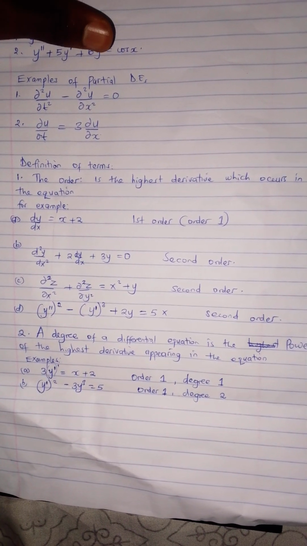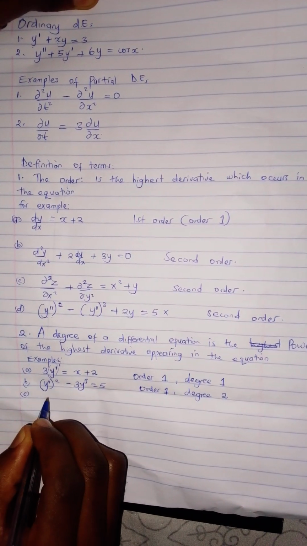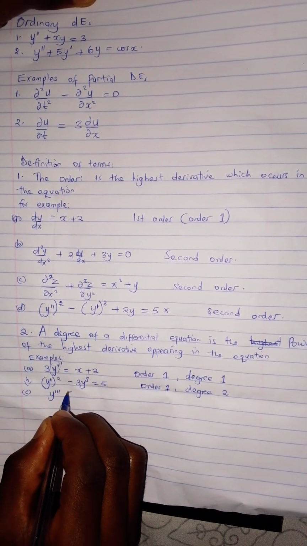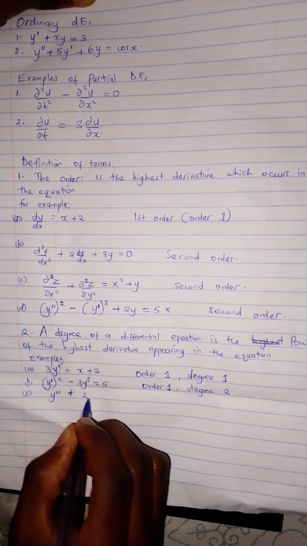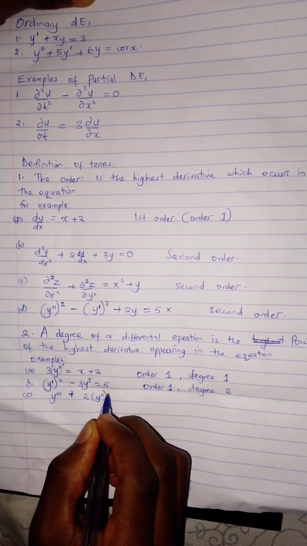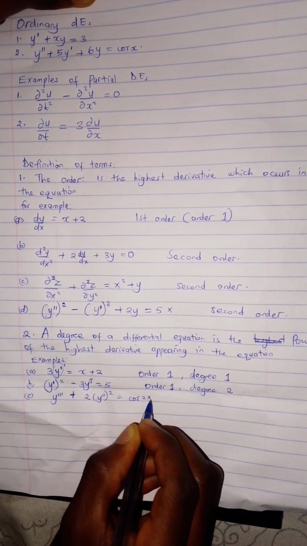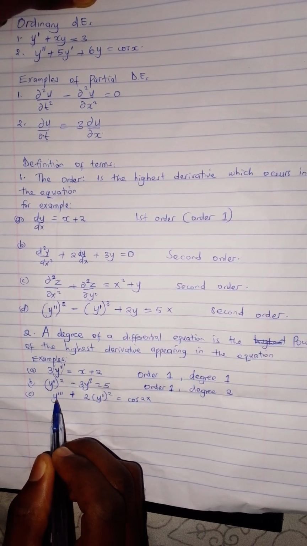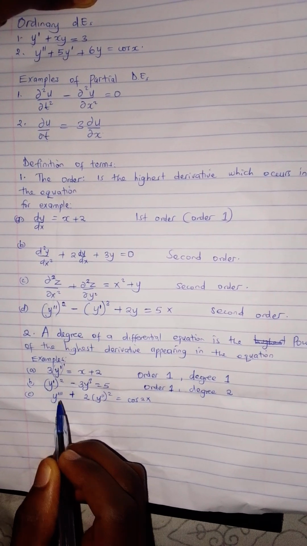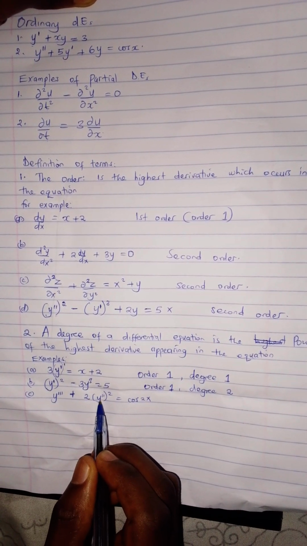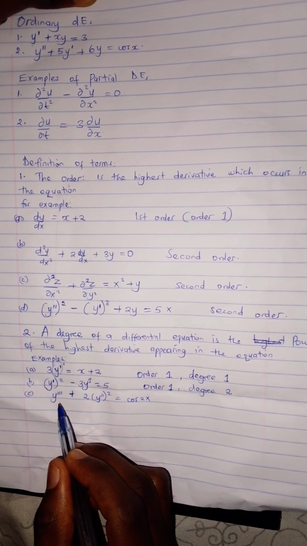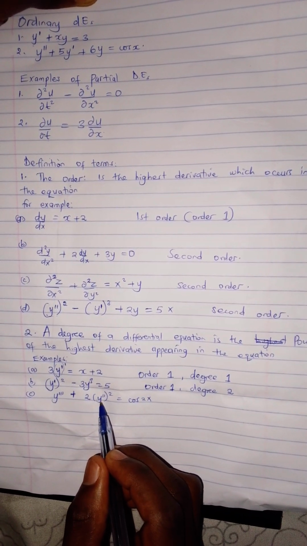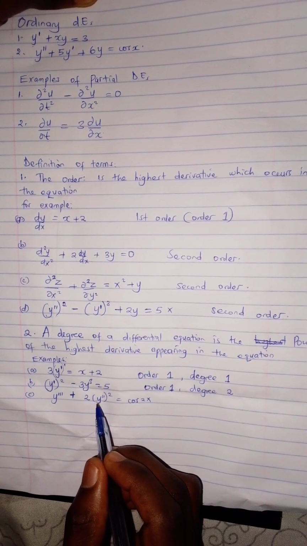We have another example. For example, this one: third derivative of y plus 2 second derivative of y squared equaling cos 2x. In this differential equation, we see that y was differentiated for the third time. Here y was differentiated for the second time, but this second derivative is not the highest derivative.